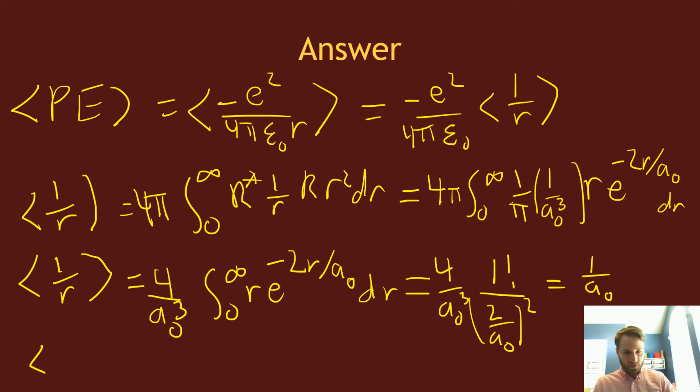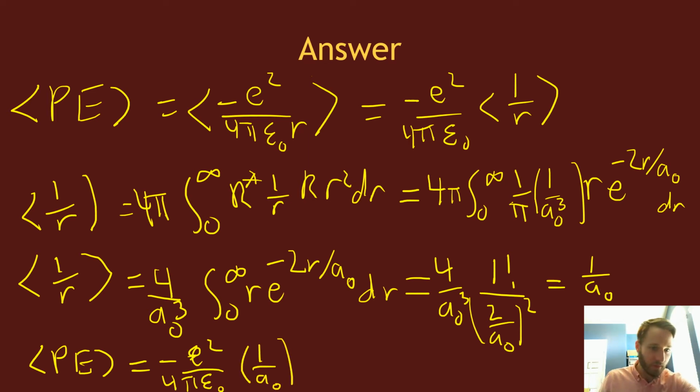So the average potential energy is then equal to negative e squared over 4 pi epsilon naught times 1 over a naught.